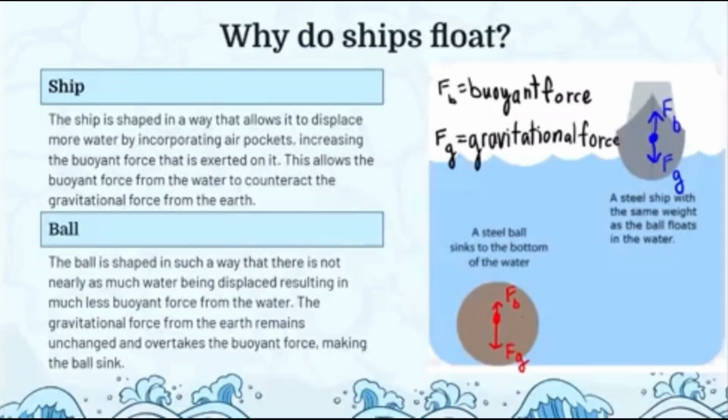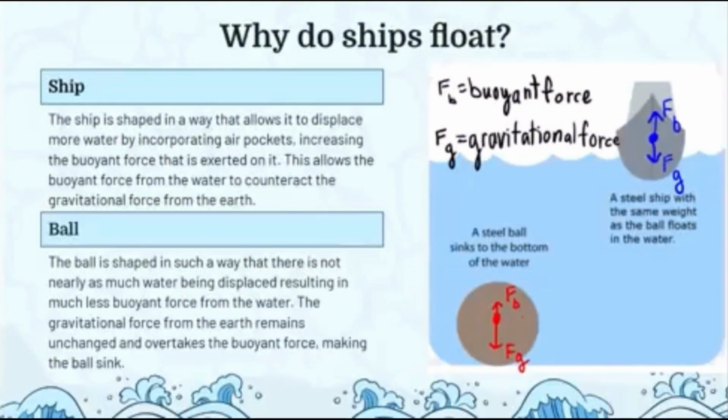And so when people are building ships, they are considering how much water is going to be displaced by this ship in relation to the gravitational force that will be on it, and they want to make sure that their ship is designed in such a way that the buoyant force that is increased by increasing the water displacement is enough to counteract its weight.